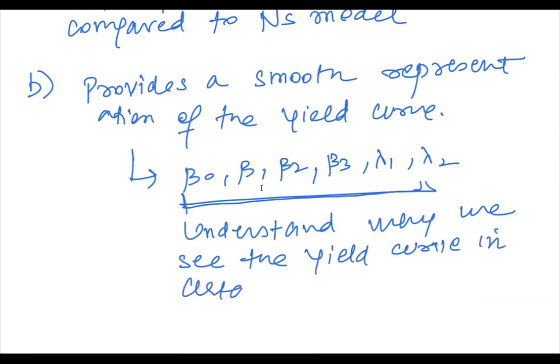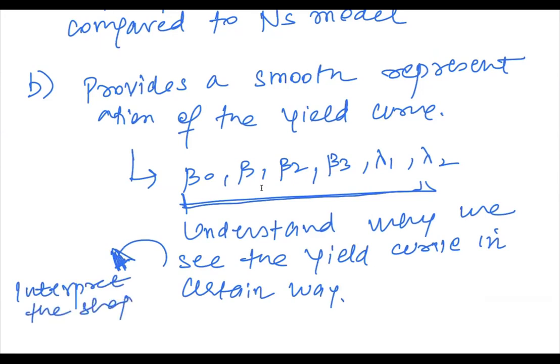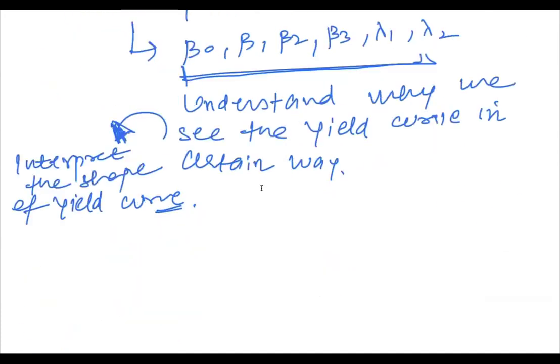That's why this model helps us interpret the shape of the yield curve. So these are certain advantages of why we use the Nelson-Siegel-Svensson model. Also, let me walk you through certain limitations of it.